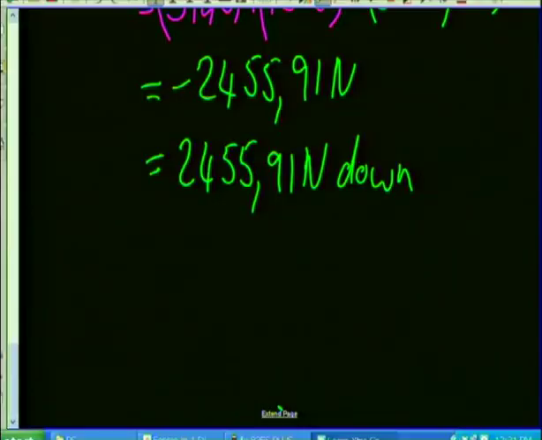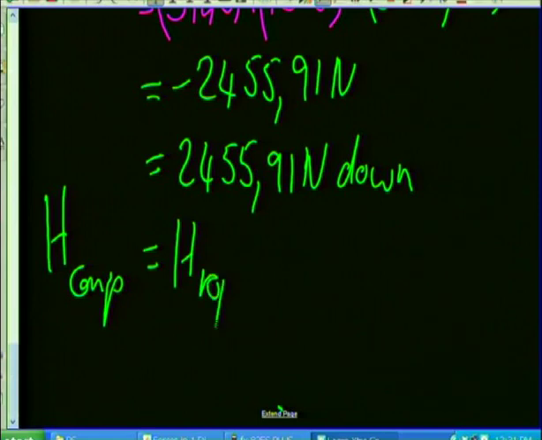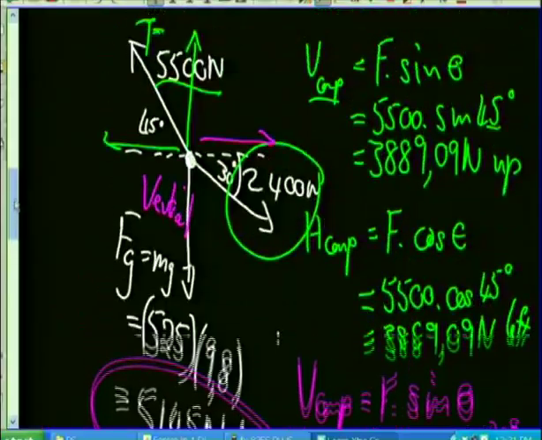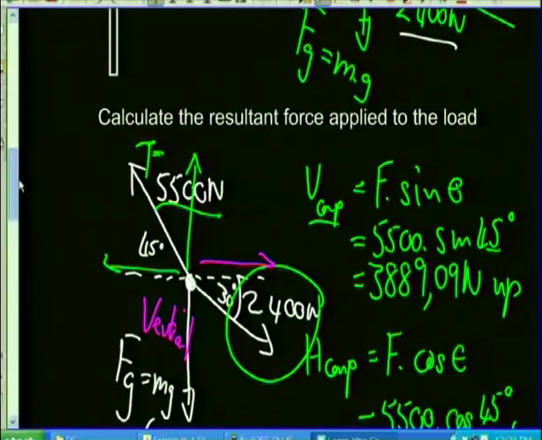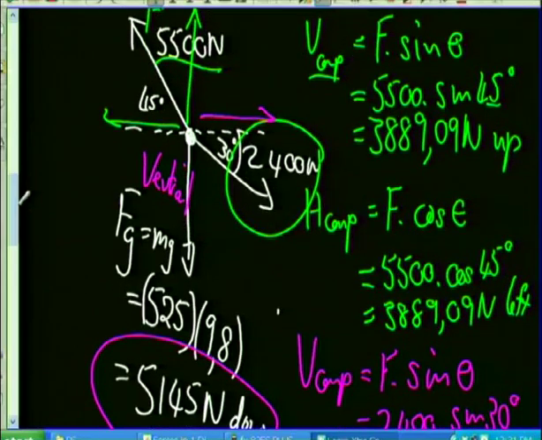Now what about the horizontals? Let's get those done. We only have to add two because the force due to gravity didn't have a horizontal component. So we've got the horizontal component of the rope and the horizontal component of the cable. The first one was the cable, which was the same value as the vertical component because it was at 45 degrees.